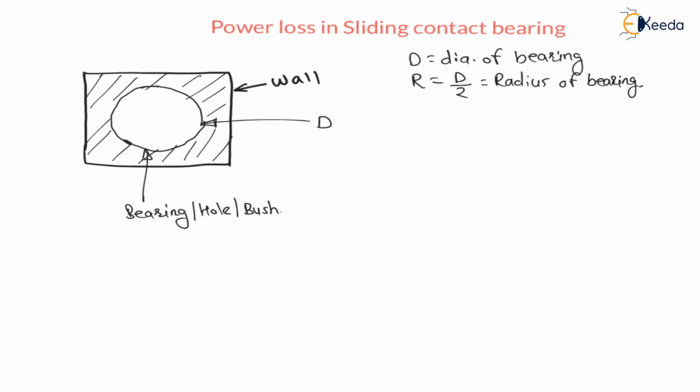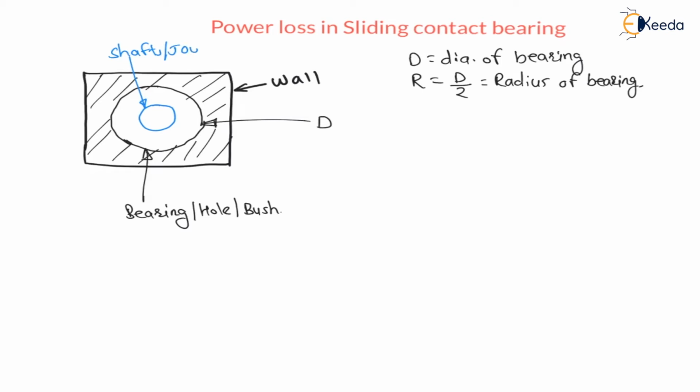Now let us say a shaft is kept inside this. This is a shaft, or we can say journal. The portion of the shaft inside the bearing is also called journal.